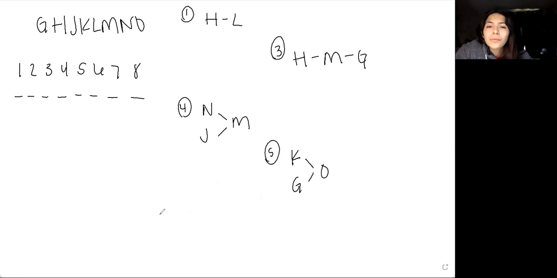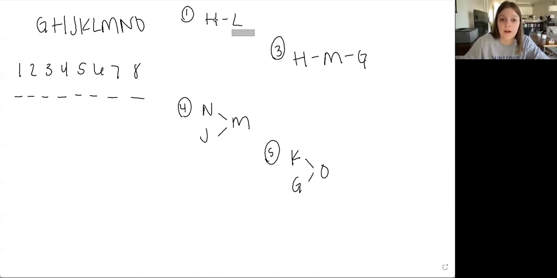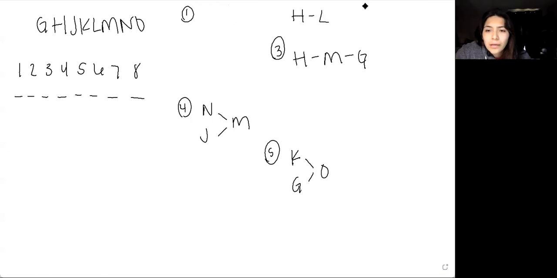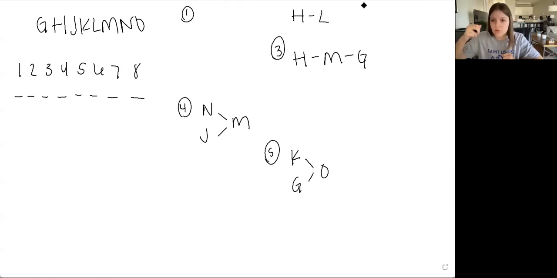Number 1. So we can do L. We'll have to add L. If we're overlapping our H, because that's what you're seeing, right? H is our duplicate. What happens to L is kind of like what we did with K and O. They mush together.